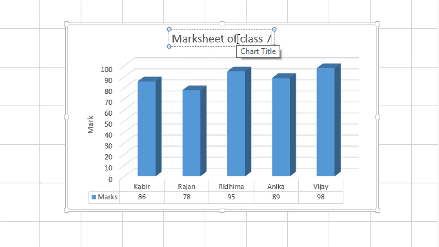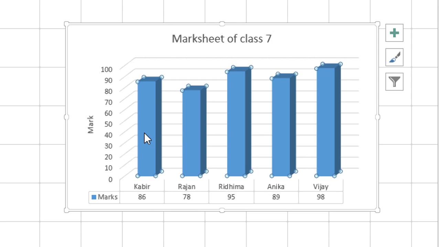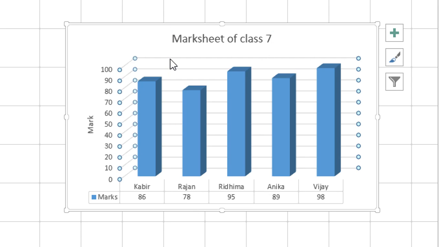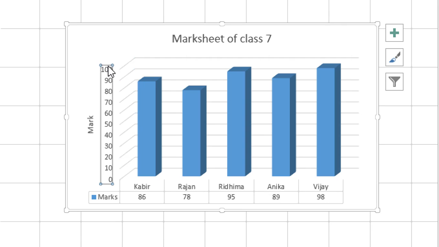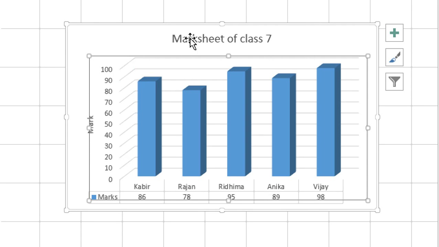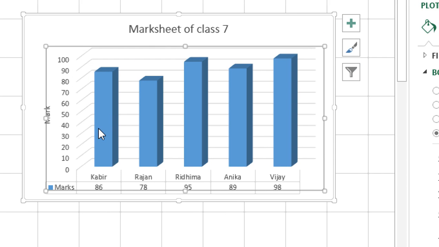Okay, here it's showing you legend, axis title, y axis title, x axis title. This is the legend, this one is the grid lines, chart area, then this one is the plot area. Here is the plot area, this one is the data series.